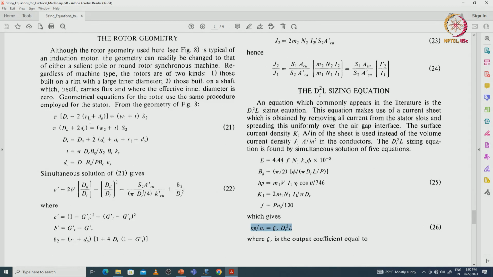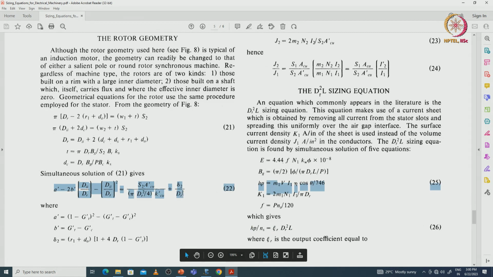And different perimeter equations, and this is the copper function what I have discussed. You have to go through equation number 22 to find the copper function such that inner diameter and outer diameter we can find.